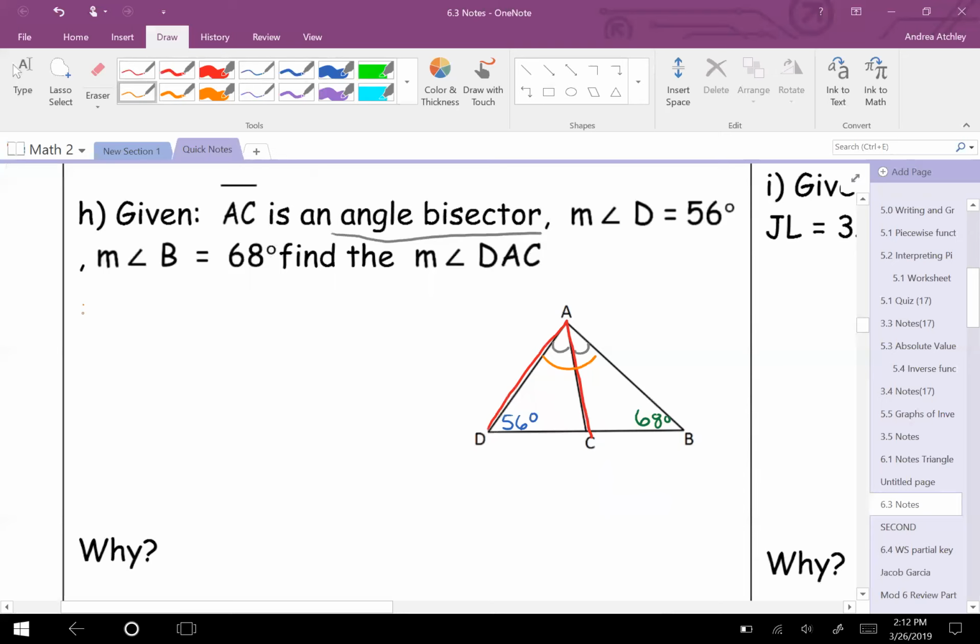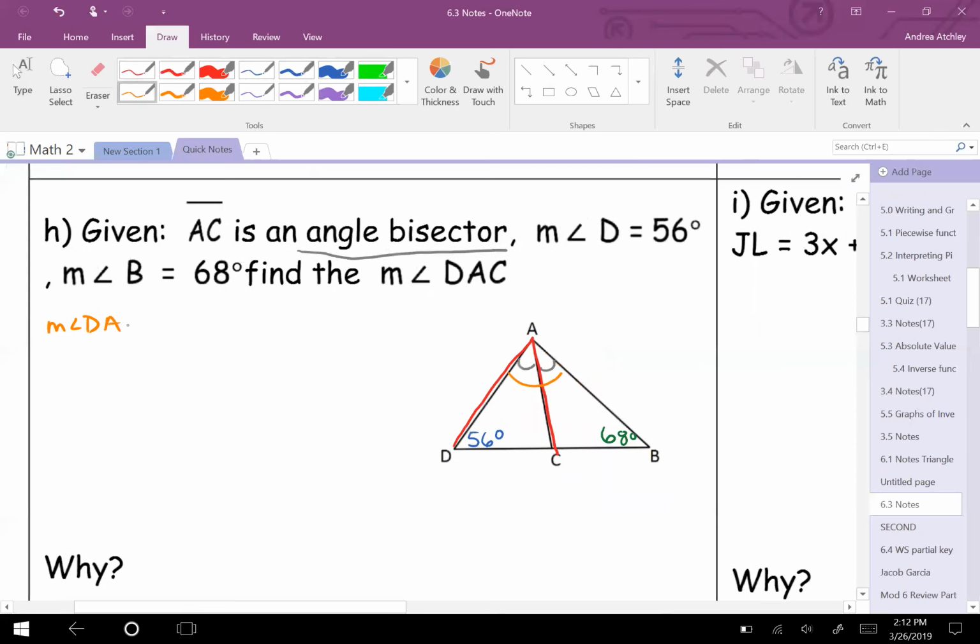So it'd say the measure of angle DAB plus 56 plus 68 is equal to 180.